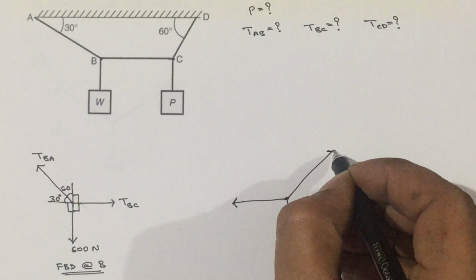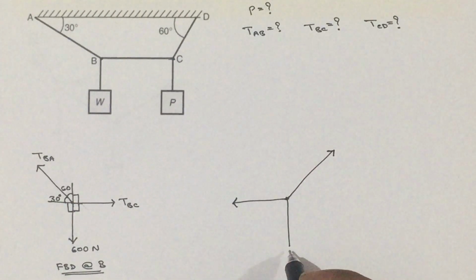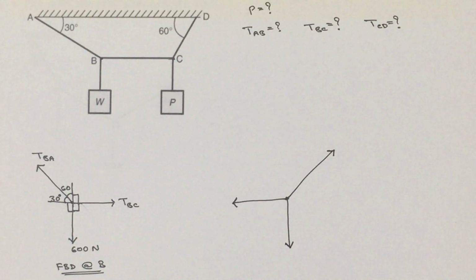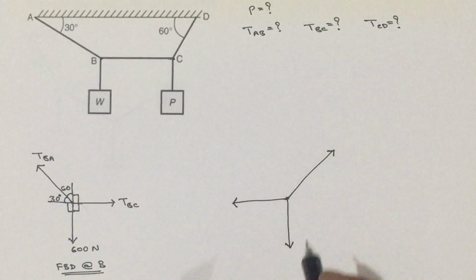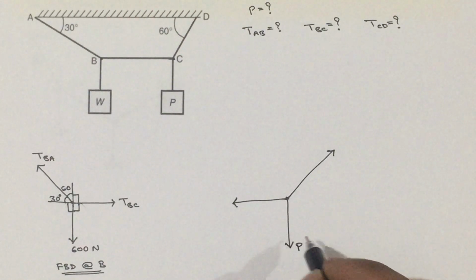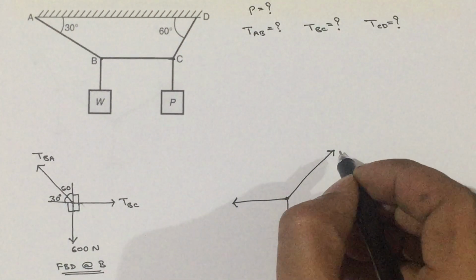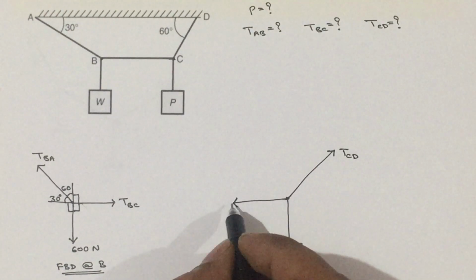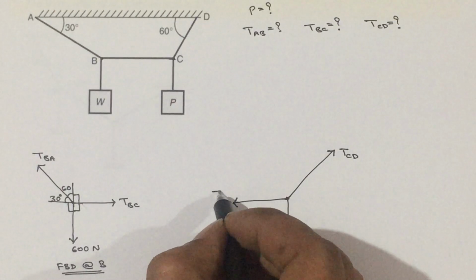This CD is also subjected to tension, outside arrow. P is the load, always acts vertically downwards. Point, line, direction. Then magnitude. This value is P, we don't know. Then this one is CD, that is tension in the member CD, and this one is tension in the member CB.